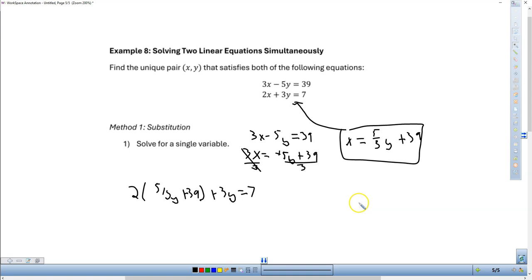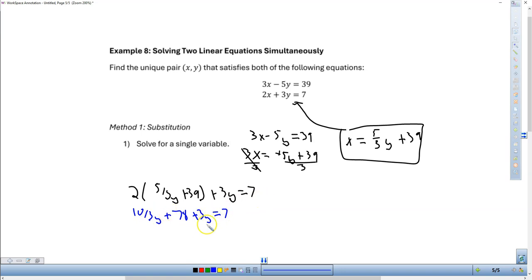And that should help us find what our value should be. Once we substitute that in, we can solve and get what our y value is. Carrying that 2 through, we should get 10/3 y plus 39 times 2, which is 78, plus 3y equals 7.